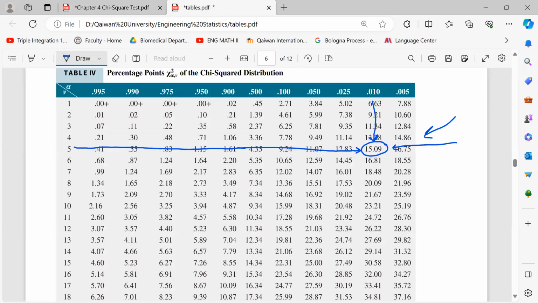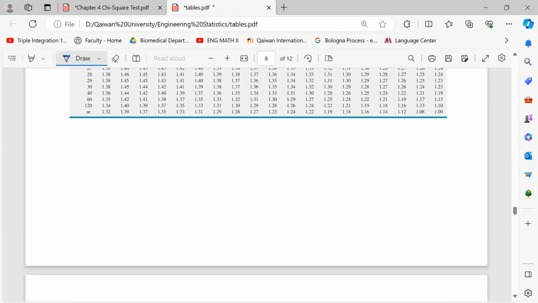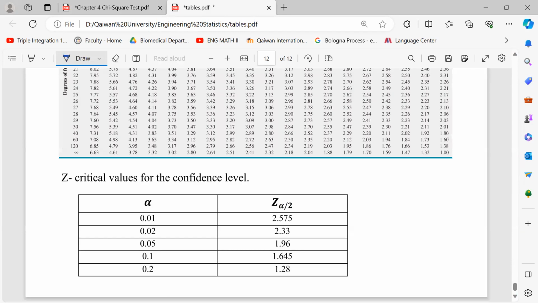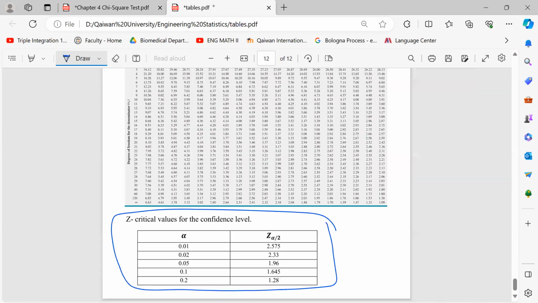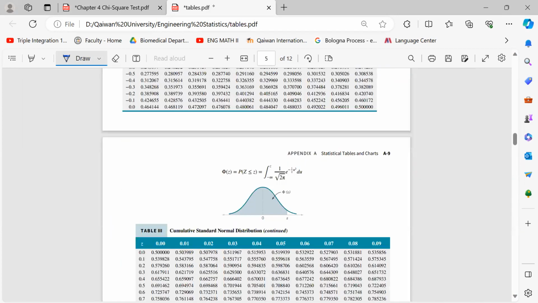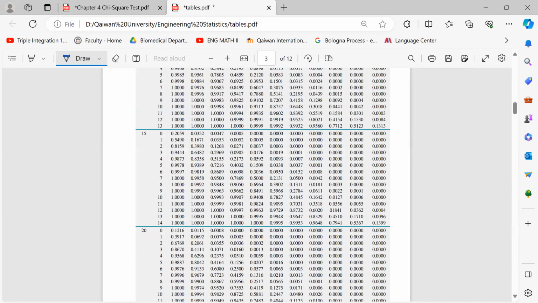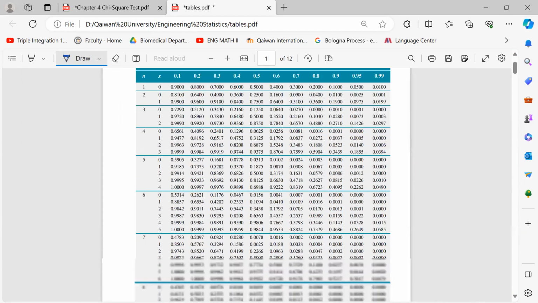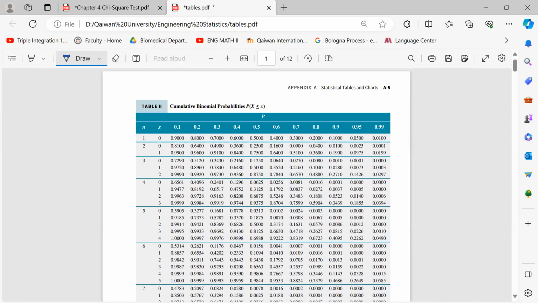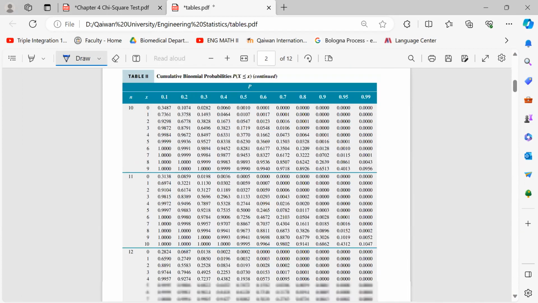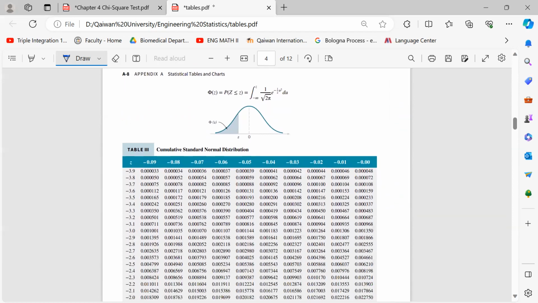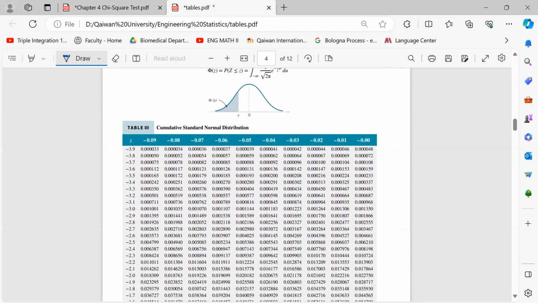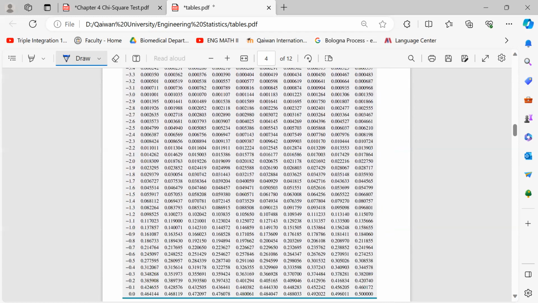Let me find the normal distribution table first. Standard normal distribution, this one is.